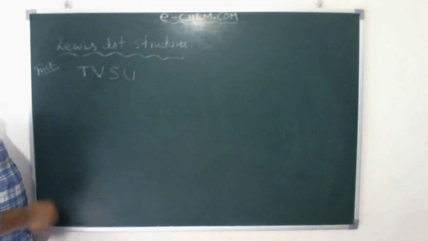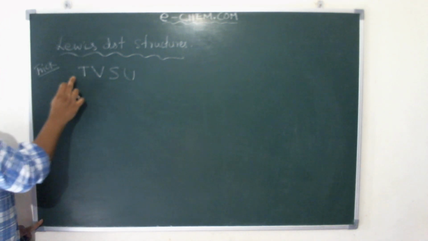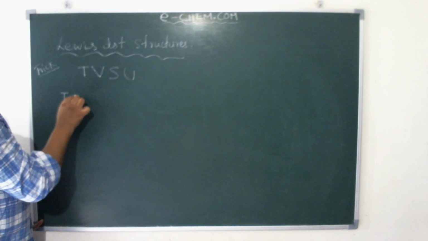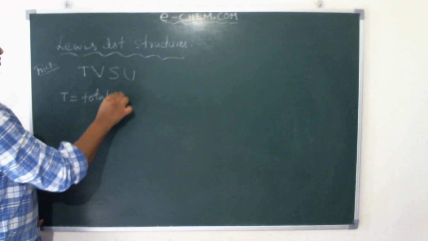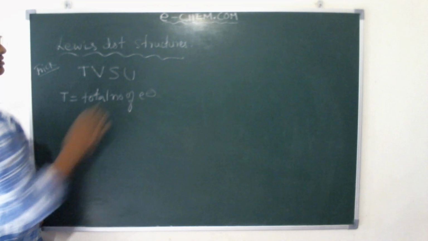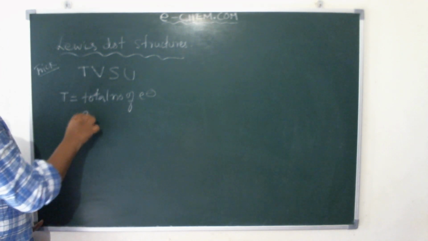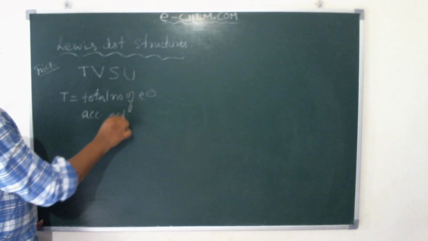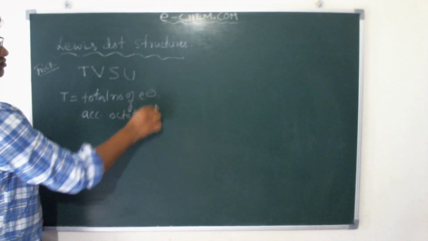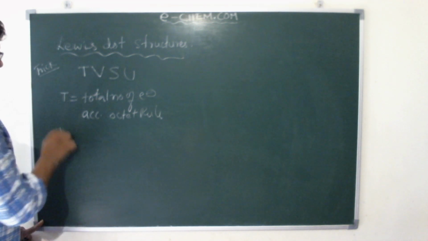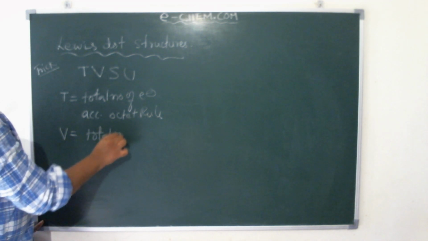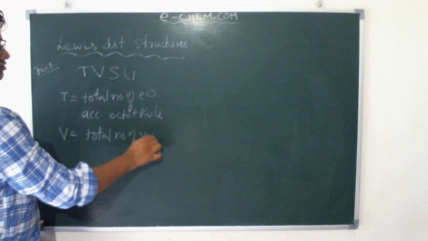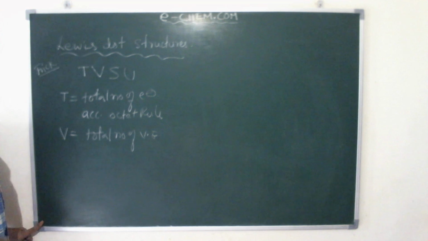TVSU rule, where T stands for total number of electrons according to octet rule. V stands for total number of valence electrons around central atom.